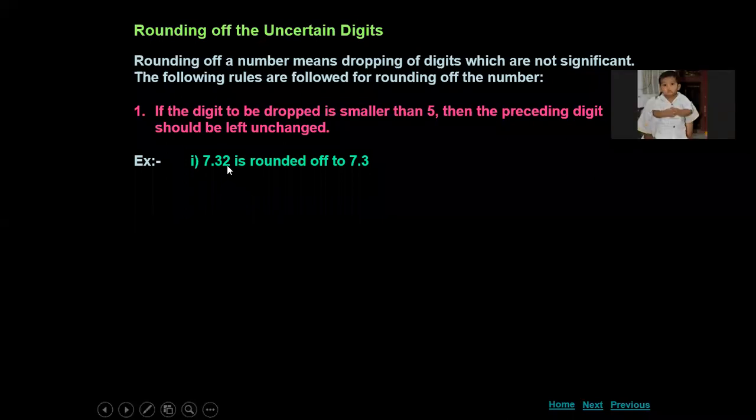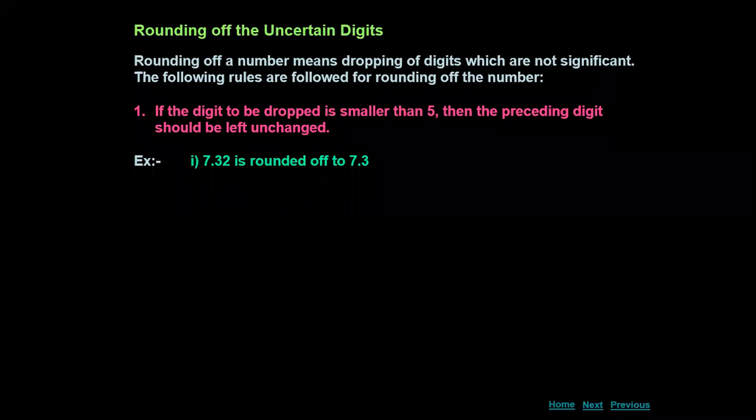The digit to be dropped is smaller than 5, of course. So we can drop it without any change. For 2 digits, we write 7.3 directly.